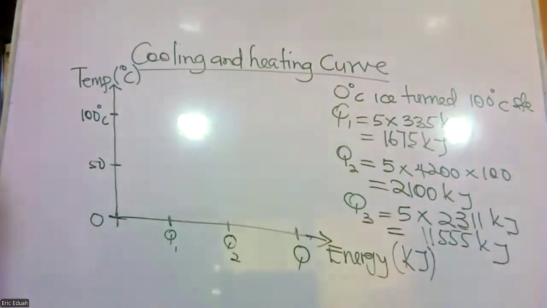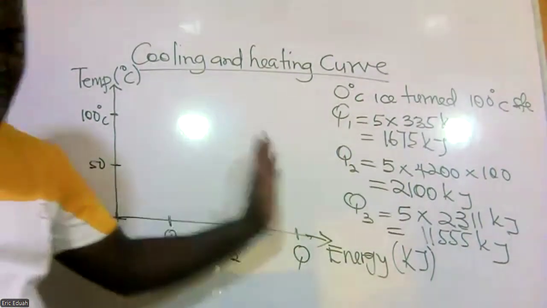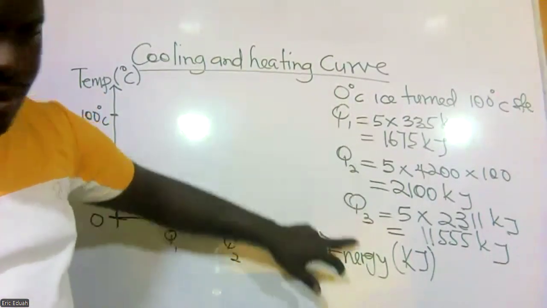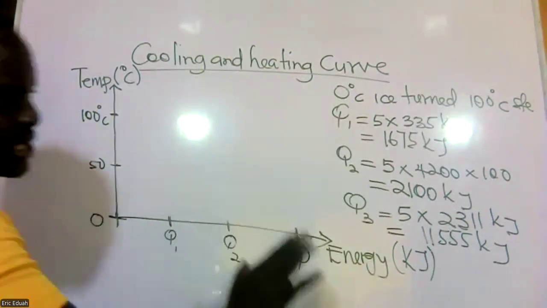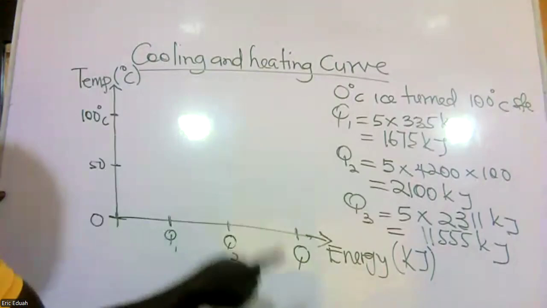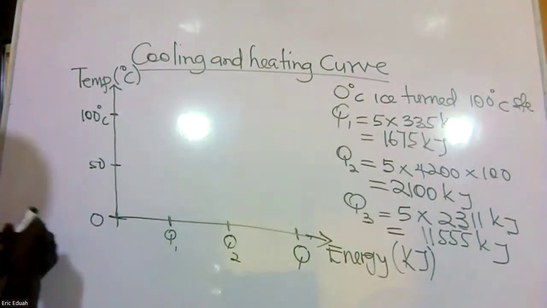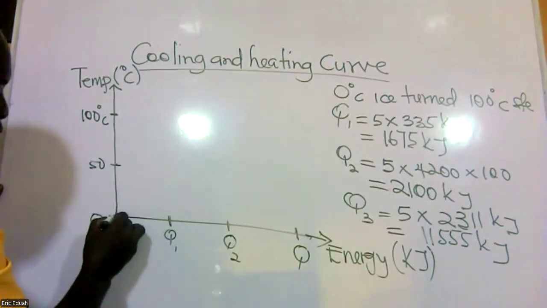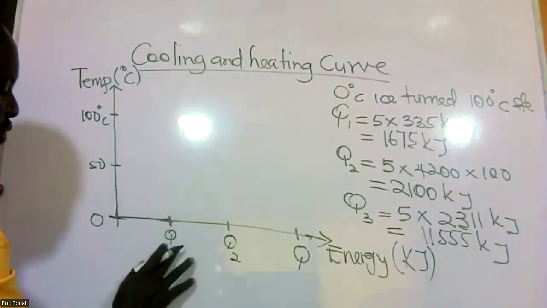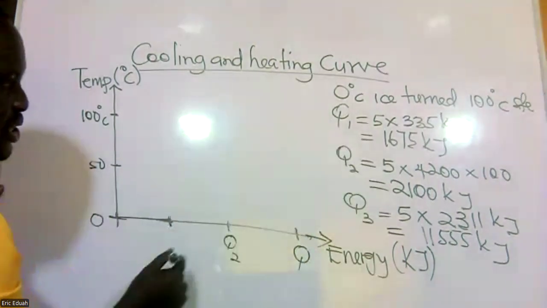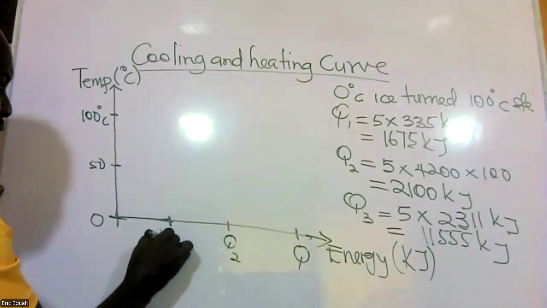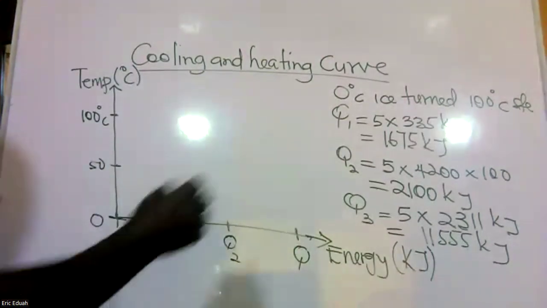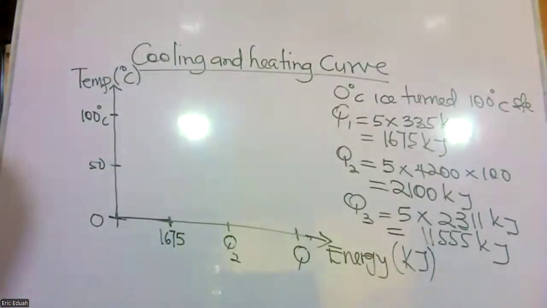Good. So this is actually a heating curve, because ice at 0, steam at 100. So if we are to plot a graph of temperature against energy, at 0 degrees Celsius, change of state occurred. So this is a constant graph, 0 gradient. And the quantity of energy used here is 1675 kilojoules.